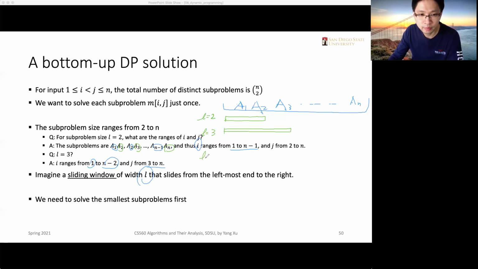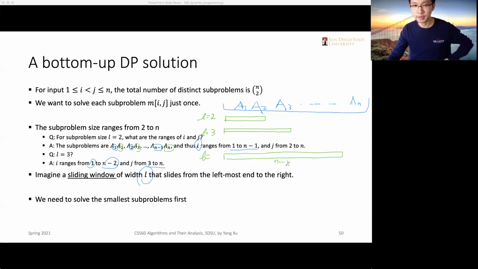And this window can be very large until we reach the last subproblem, which is of length n minus 1. That is the biggest subproblem. Of course, eventually we want to solve the original problem, which is of size n.